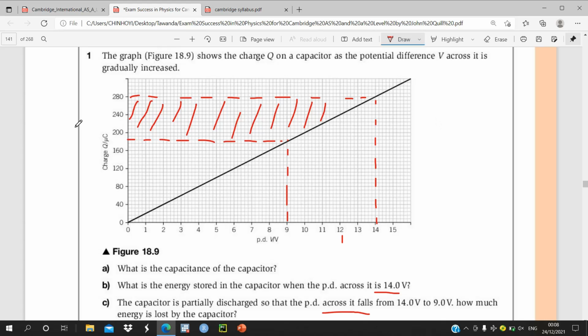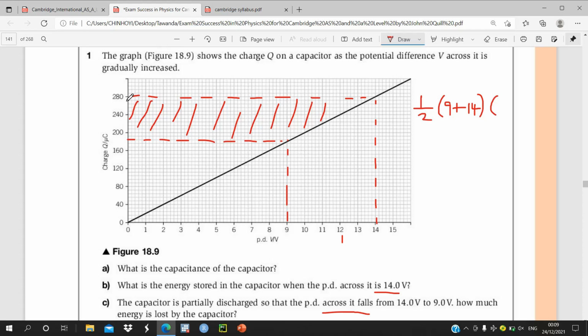So our area of a trapezium is half, where we are going to add, this one is our A, 9 plus 14. Then what is going to be our height?